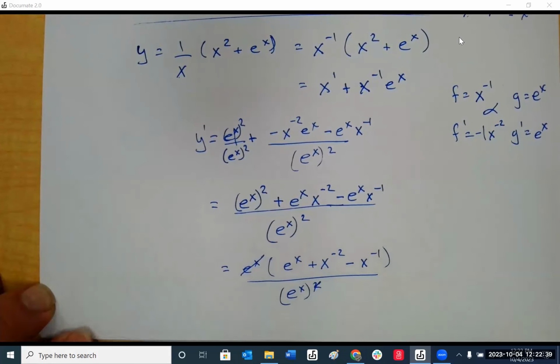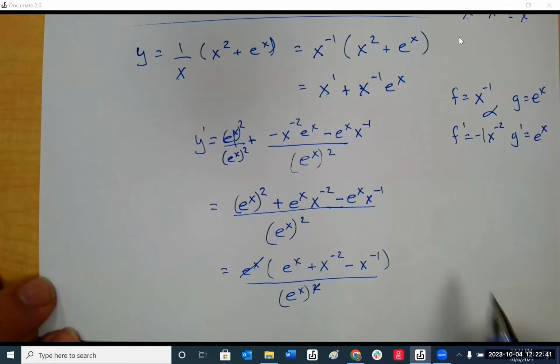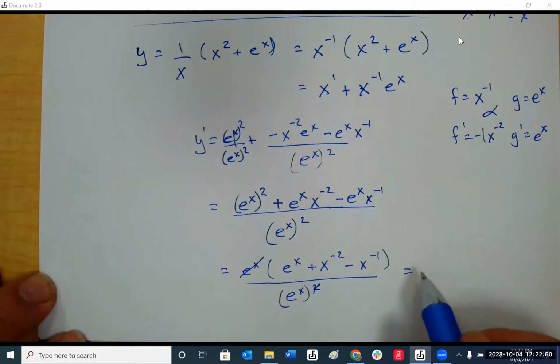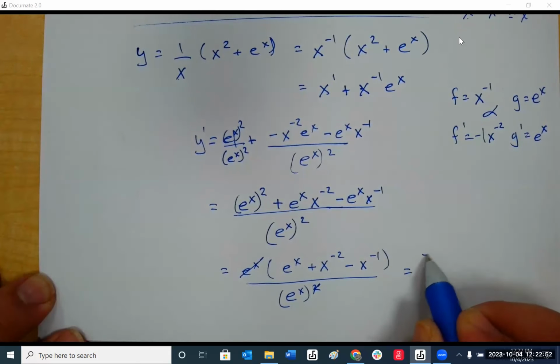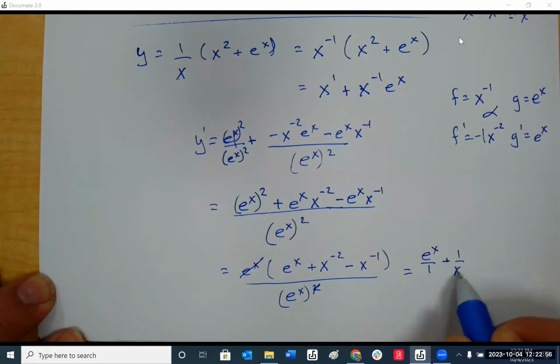That cancels one of those. So this is going to be e to the power x over 1 plus 1 over x squared minus 1 over x.